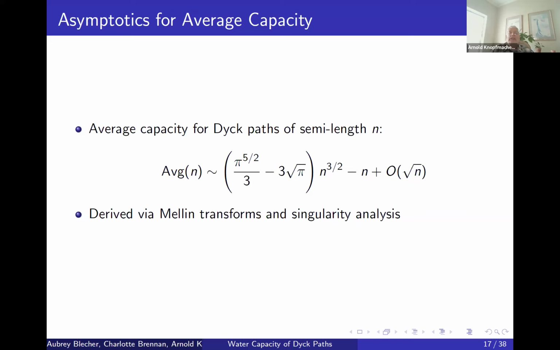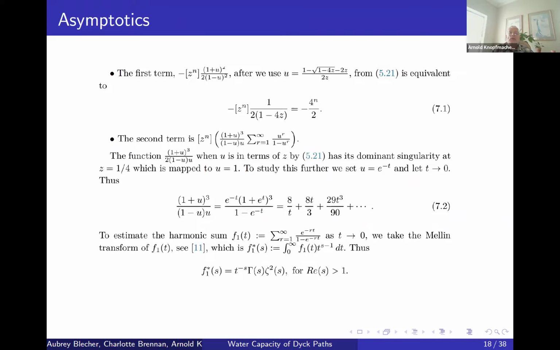This is something that I definitely learned from Helmut Prodinger. And we also use some singularity analysis, which is both in the book and obviously Helmut knew that as well. So I'm going to give you a brief outline of some of the details of doing the asymptotic expansion.